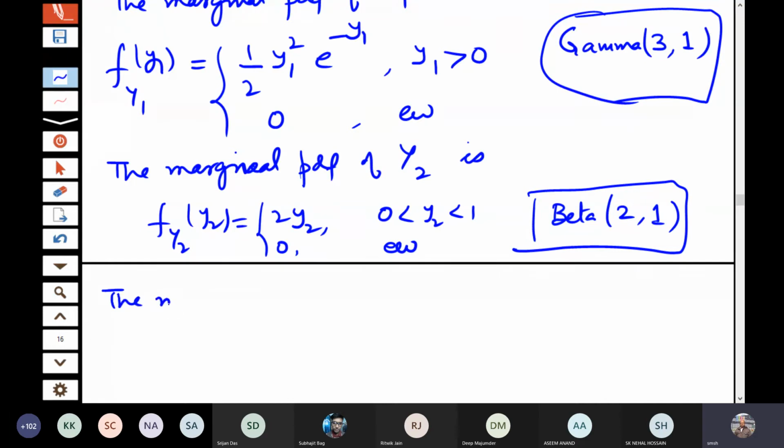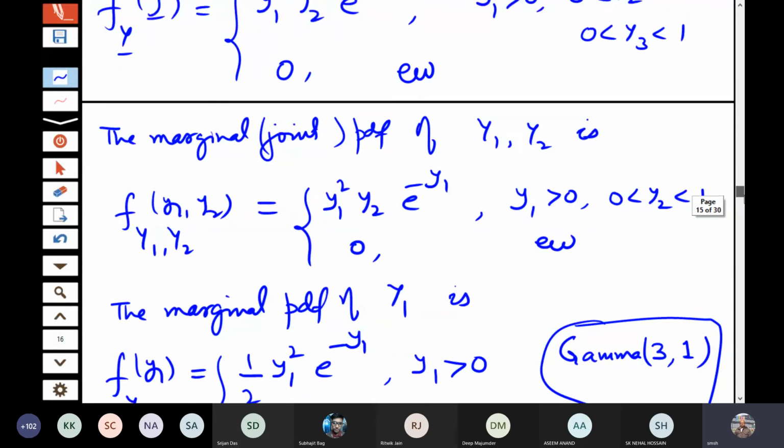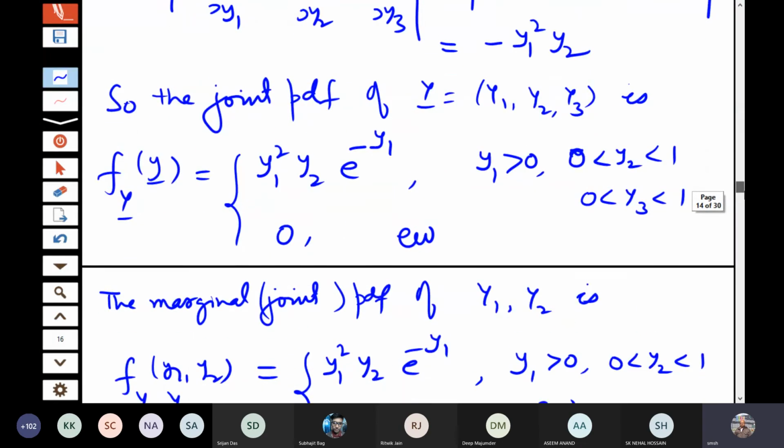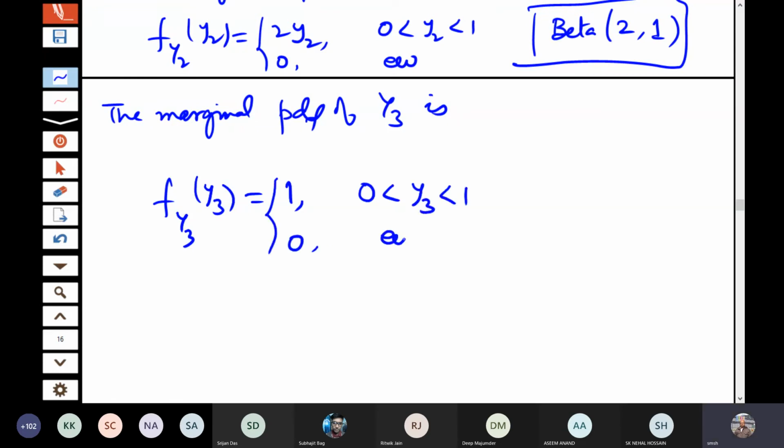And the marginal PDF of y3, because the marginal PDF of y1, y2 is this, so if I integrate with respect to y1 and y2, I'll get 1 only. So this is nothing but y3, that is 1, which is nothing but the uniform distribution on the interval 0 to 1.